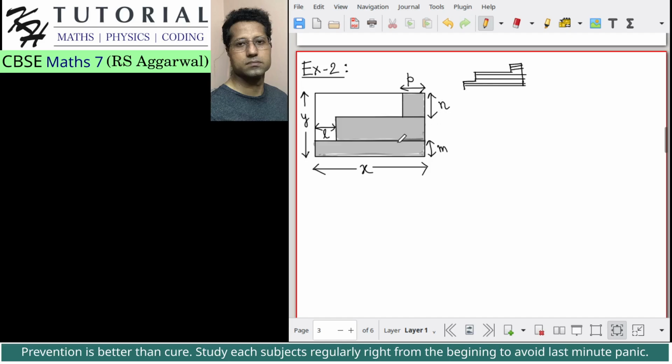Let's say only this shaded region was given. For ease of understanding, I have enclosed the entire shaded region in a rectangle. Let's say the enclosing rectangle is ABCD. Then, for ease of calculation, I must name all the corners of the shaded region.